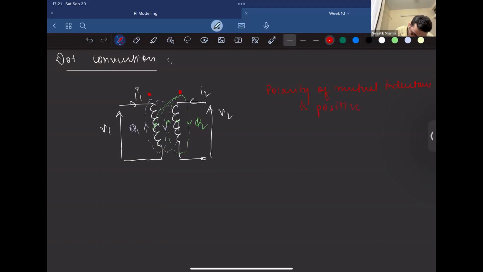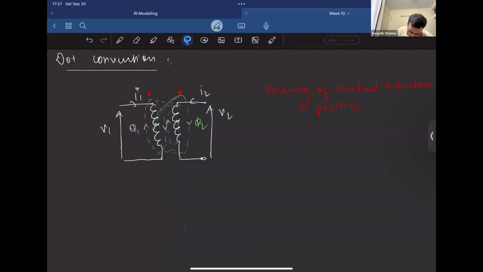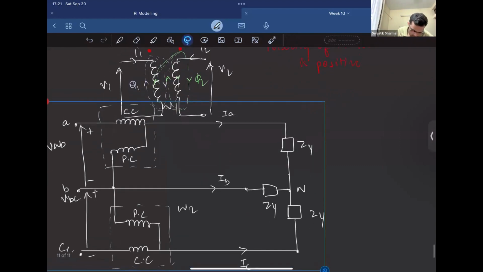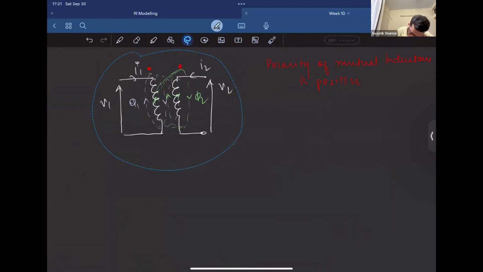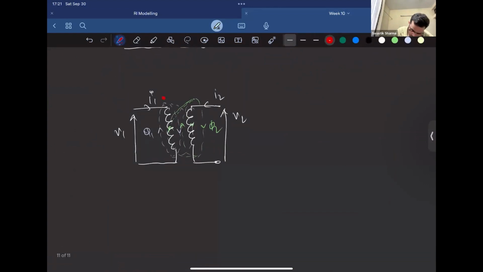So has it been the other way around? Let's assume that the dot convention is something like this, right?